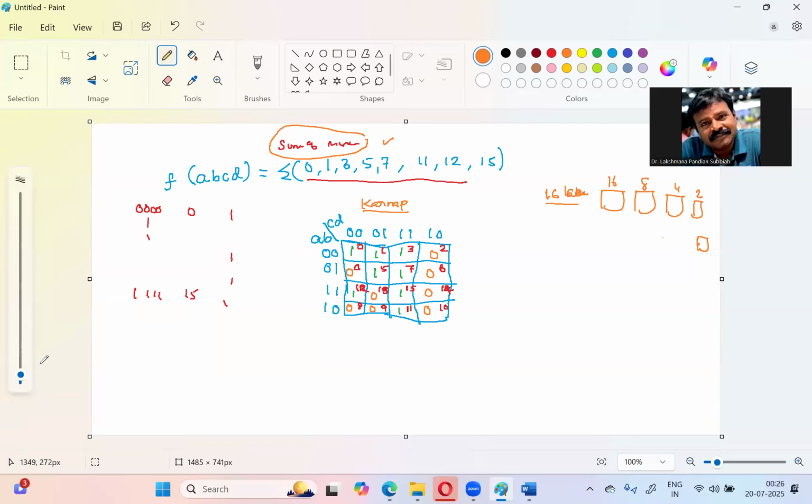These are combinations of ones in adjacent cells. Here in the Karnaugh map, the adjacent cell is here.